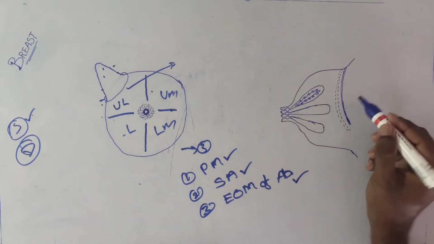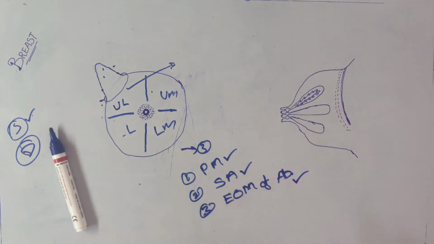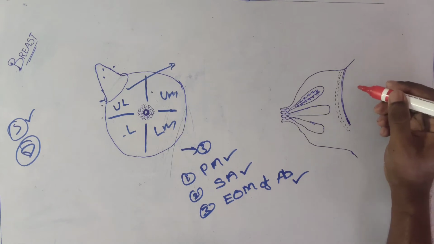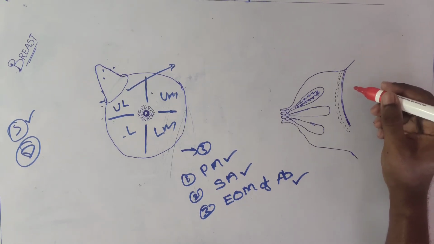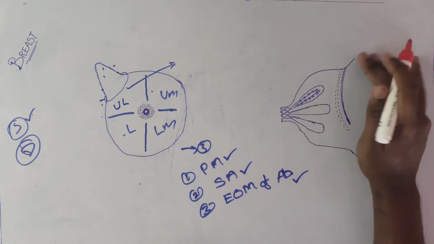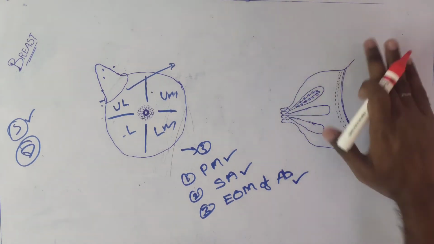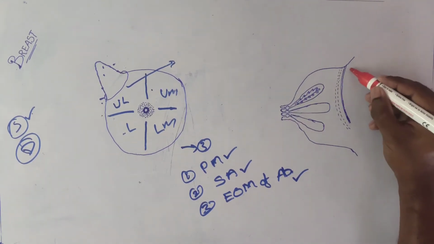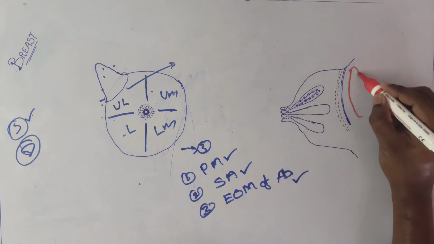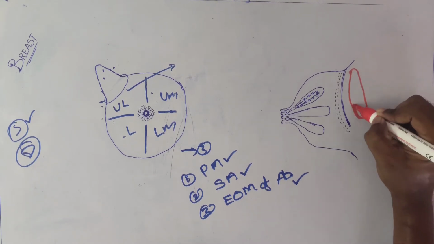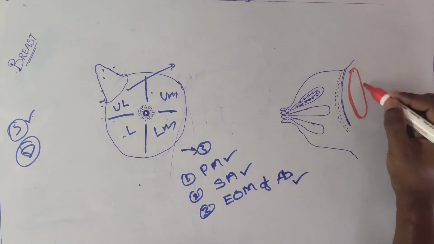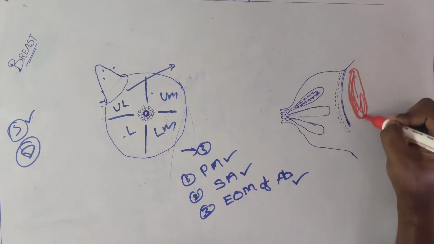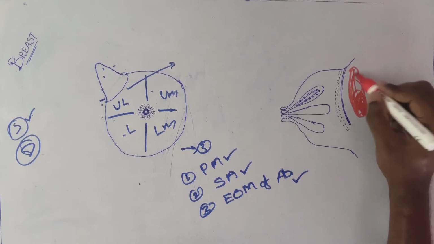See, we can see here clearly. I am thickening the area. See here, the breast is separated from pectoral fascia. Here is the breast, and here is the pectoral fascia, the red color one. This is the darkened area.